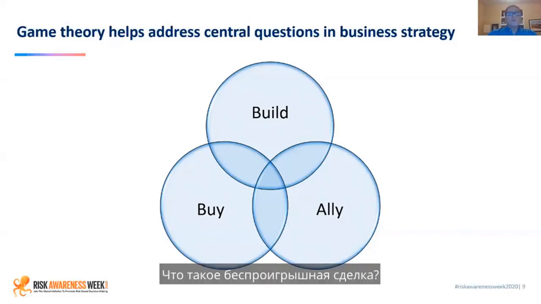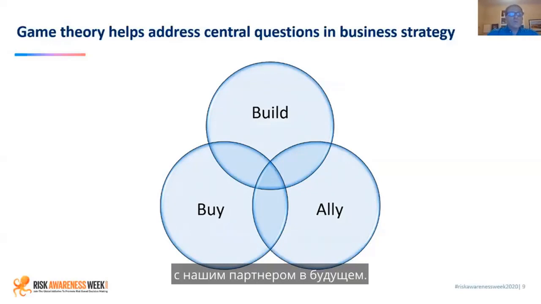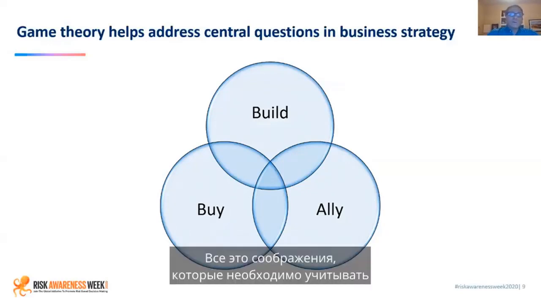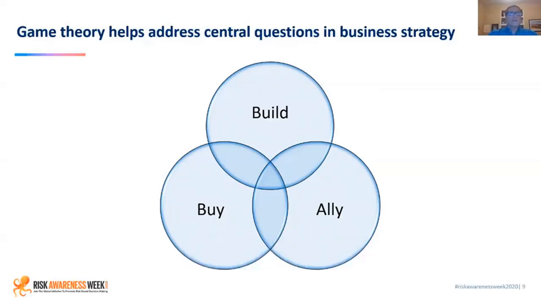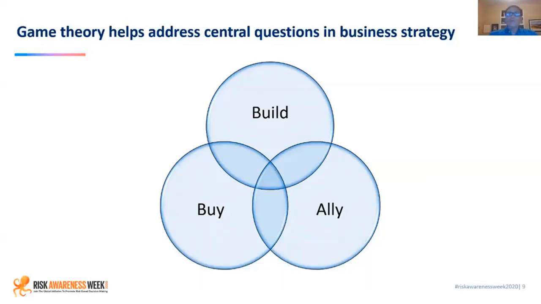What's a win-win deal? And how do we make sure that we don't suffer from partner drag and that this will be something where we could be aligned with our partner going forward? These are all considerations that one needs to think about in these central questions in business strategy, and game theory can have a lot to say about those.